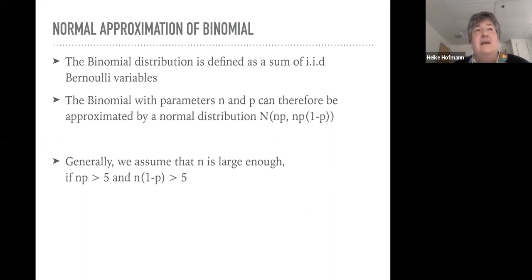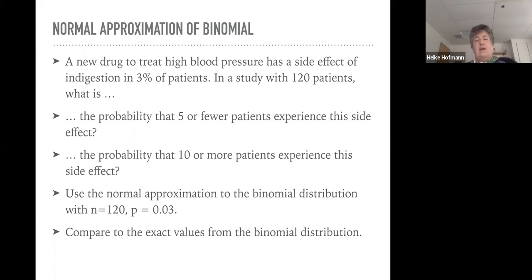So if n times p is greater than 5, and at the same time n times 1 minus p is greater than 5, we say that the distributional approximation by the normal holds. That's just a rule of thumb, but the values are quite close. So we can go through a situation where the approximation doesn't quite hold yet.